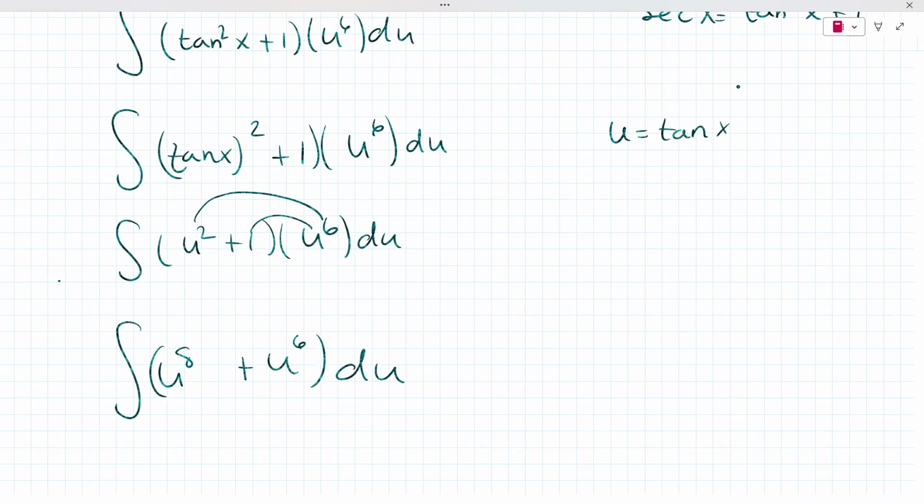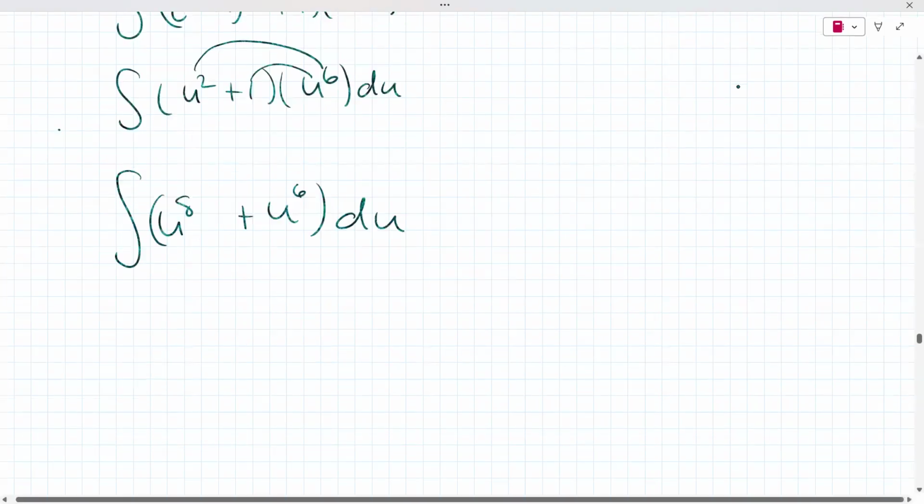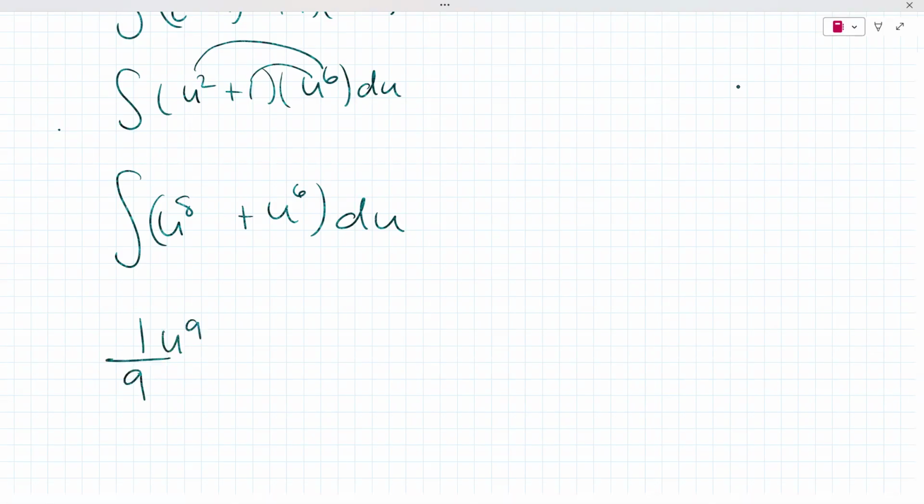Okay, so what to do next? What's the integral of u to the 8? It is 1/9 u to the 9th plus, what's the integral of u to the sixth? It is 1/7 u to the seventh plus c. And then if you recall, our u was tan of x.